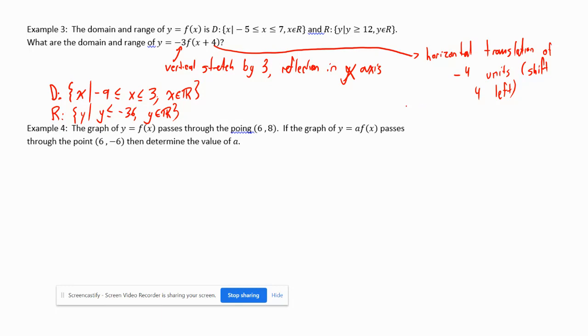So for example, if this is 12 and the graph is going up like this, well, if I reflect it and stretch it, it's going to be way down here. Now it's going to be going down like that. So this is -36 y value here. If it was going up, because it was greater than 12, now it's going to be going down, less than -36 over here.